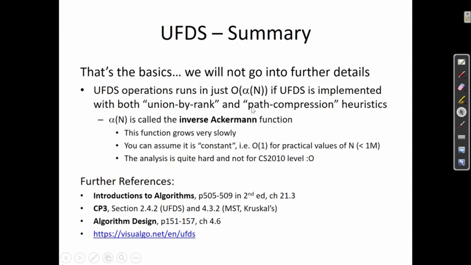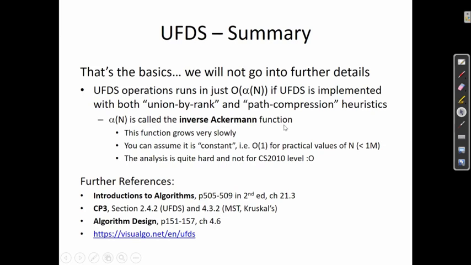What is this alpha? It's a function which is called the inverse Ackermann function. If you have used the two heuristics, union by rank and path compression, then this inverse Ackermann function is actually a function that grows very, very slowly. It's much slower than even the log function. So for all practical purposes, you consider that any of those functions run in constant time.